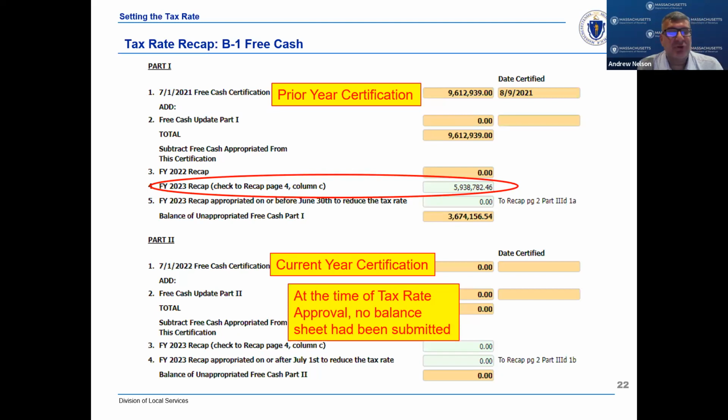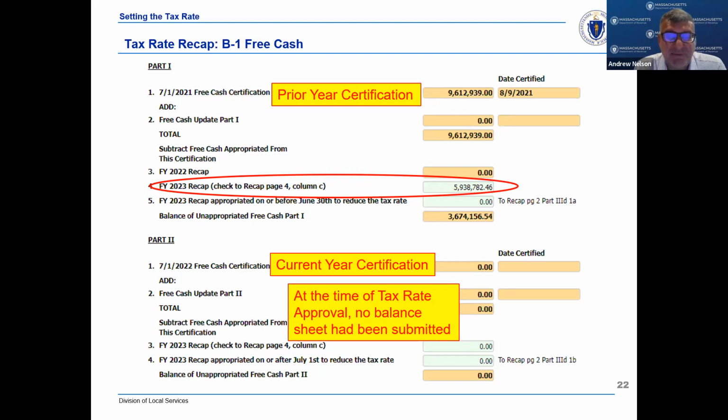We then go down to Part 2. This community set their tax rate before their new free cash was certified, their fall free cash. If they had their free cash certified, you would see numbers here. Often communities have a fall town meeting and they need their free cash for that fall town meeting. That you would definitely see then in those yellow boxes on line 1, a free cash number and a date certified.